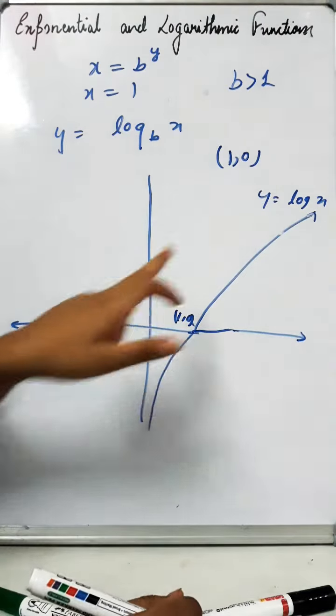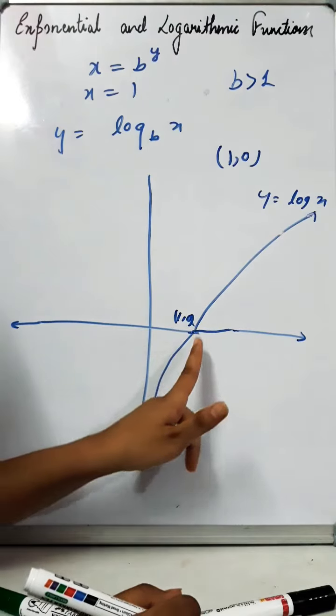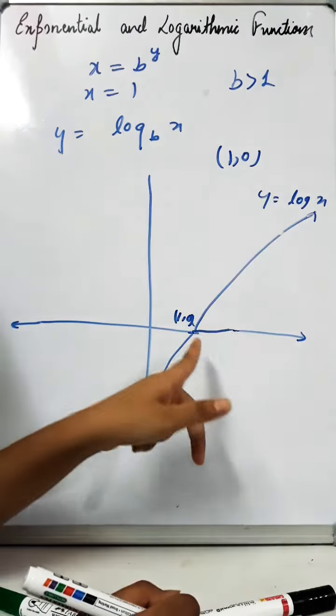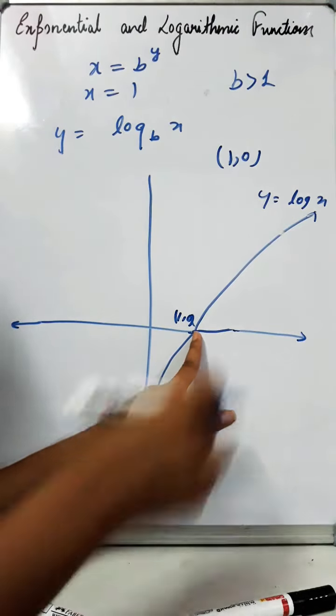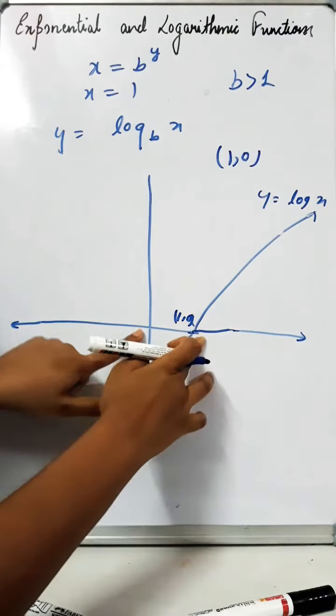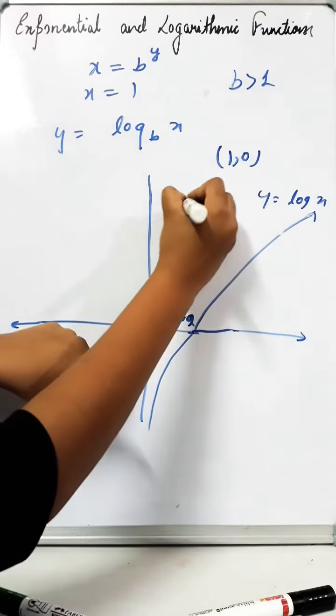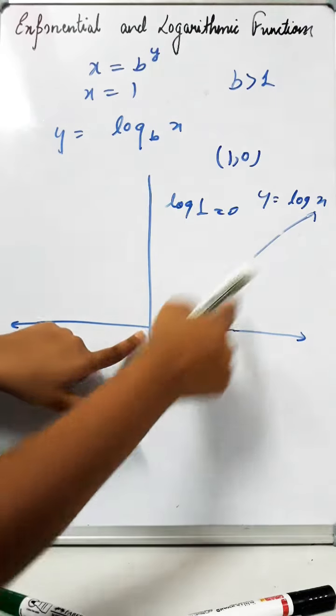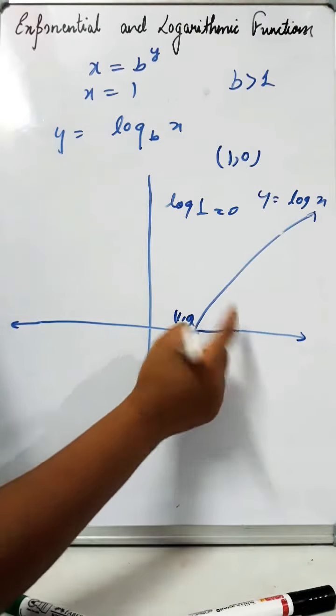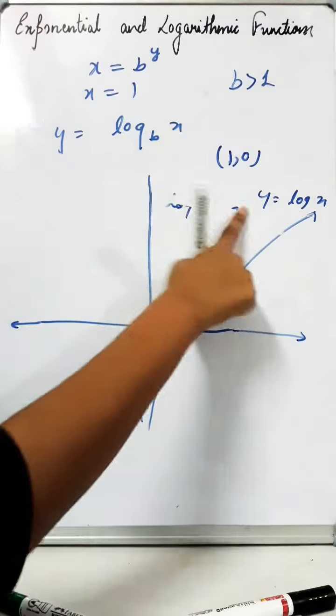1, 0. Now you see log of 1. If you have to check log of 1, if you put x as 1, you will get y as 0. So log of 1 is 0. You already know this. Log of 1 is equal to 0. That's why you see this point is going to play an important role.